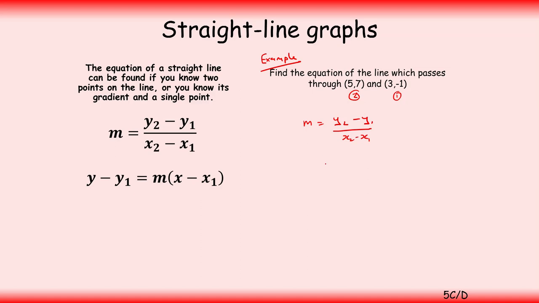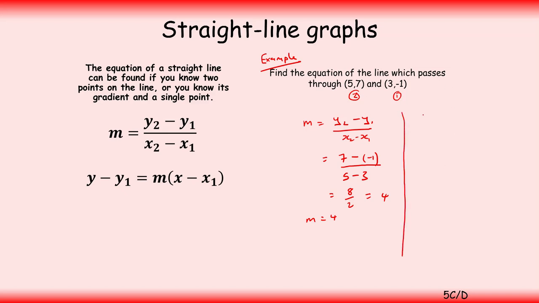So we're going to find the gradient first, which is equal to 7 minus minus 1 divided by the x value, 5 minus 3, which is equal to 7 plus 1, which is 8, divided by 2, so our gradient is 4. Now I can find the equation of a straight line because I know the gradient.